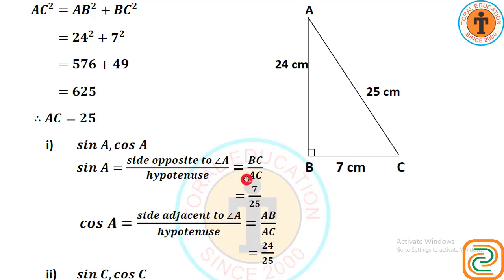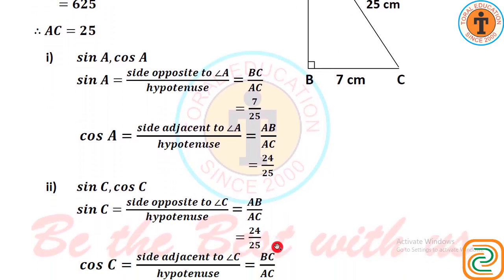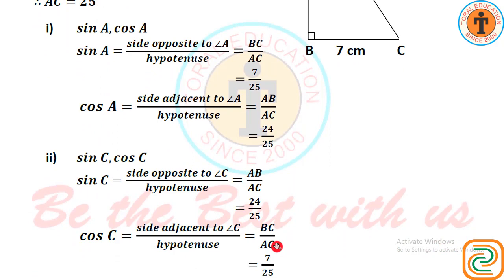So BC upon AC, that means 7 upon 25. Cos A equals side adjacent to angle A upon hypotenuse. The adjacent side, that means the nearest side, is AB, AB upon AC, so 24 upon 25.